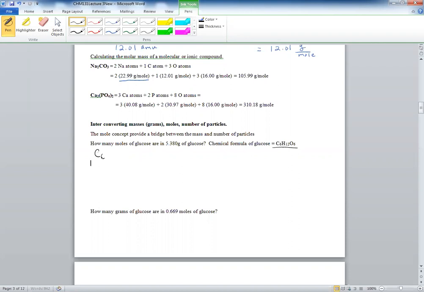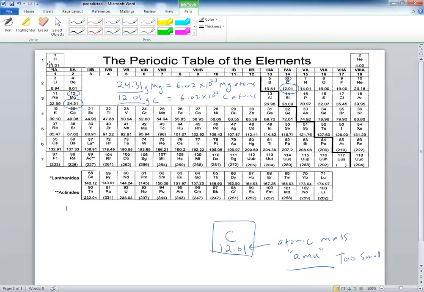So, C6H12O6. That would be 6 carbons plus 12 hydrogens and 6 oxygens. So 6 carbons from the periodic table, that would be 12.01 grams per mole. 12 hydrogens, that would be 12 times, we're going to look them up quickly. I know what it is, 1.01, but just to show you, 1.01.